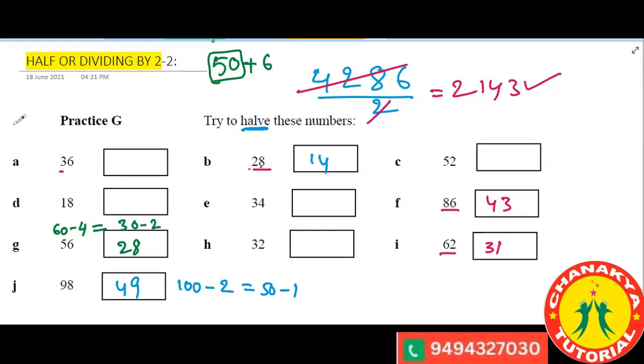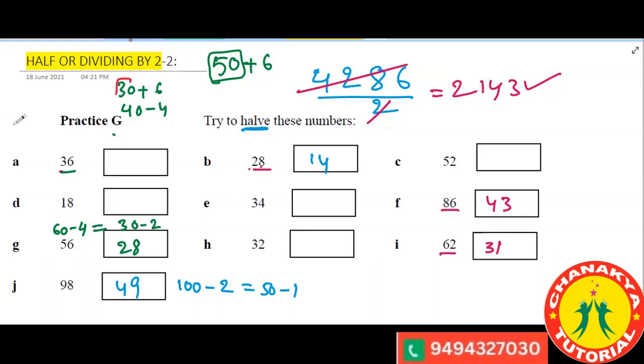Question A. First, it would be 30 plus 6. Instead of 30 plus 6, it is better to take... 30 plus 6 is also okay, or 40 minus 4 is also okay.